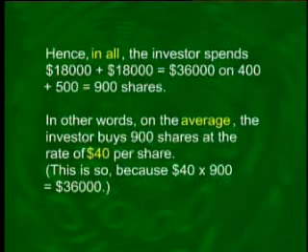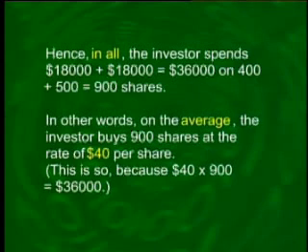Hence, students, in all, the investor spends 18,000 plus 18,000, that is $36,000 on 400 plus 500, that is 900 shares.